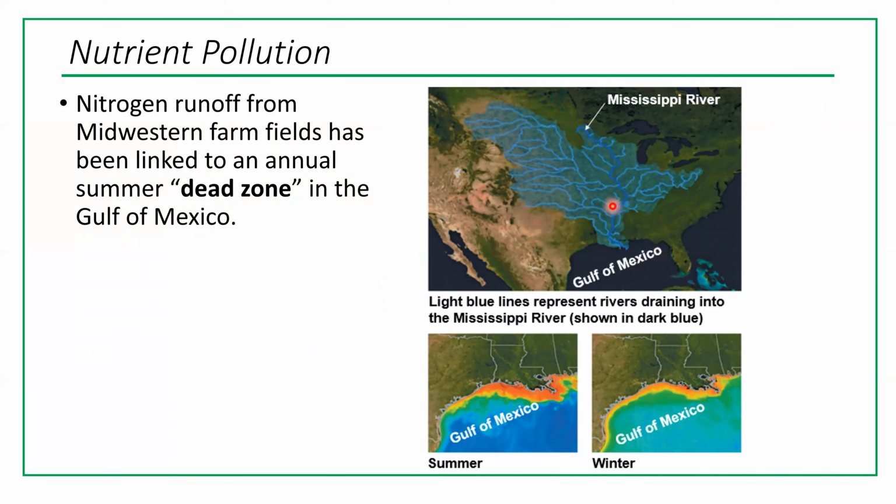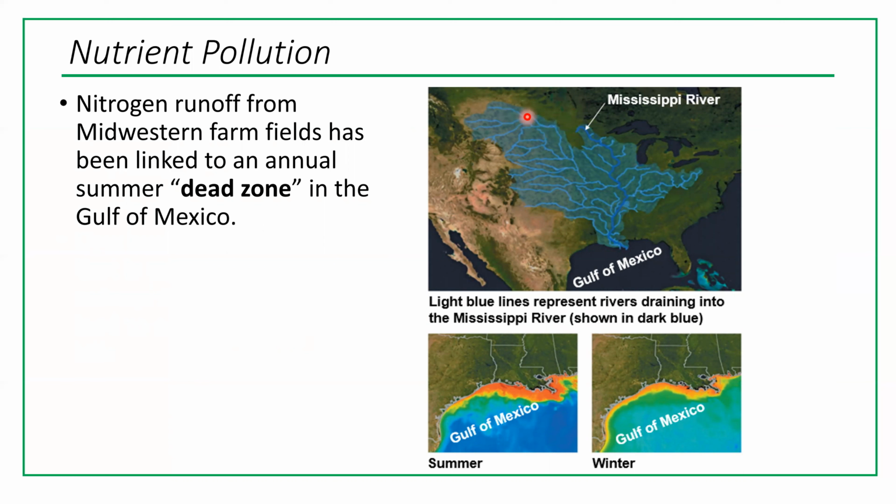So over here, you can see how nitrogen runoff from Midwest farm fields causes this dead zone in the Gulf of Mexico. What is shown over here is all the different rivers and streams that originate from these Midwest farms. All these farmers use fertilizer.